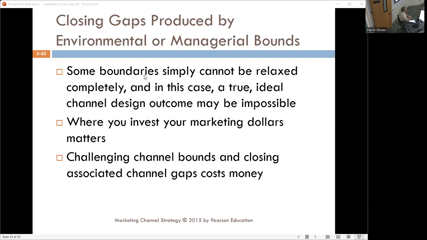When the giant container ships were stacked off the West Coast, and it just came down to the physical limitation of being able to empty those containers, there's nothing you could have done about it. And you're always nailing down one particular thing: this stuff costs money. The channels always cost money, and you've got to make sure you invest your dollars wisely. And so that is the salient issue about closing the gaps.